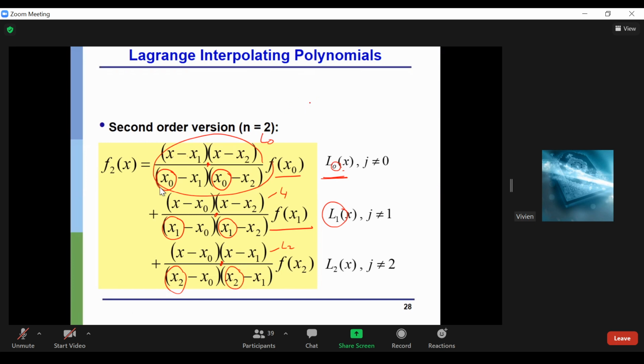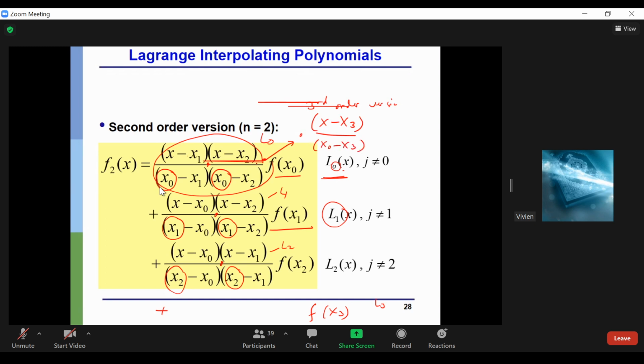So say I want to have the third order version. That means we have an additional term, which is multiplied by f(x3). Now, what about the values of L0, L1, and L2? And L3, of course, it will be different. With third order, we have to multiply again with (x minus x3) because we have 4 points, divided by (x0 minus x3).